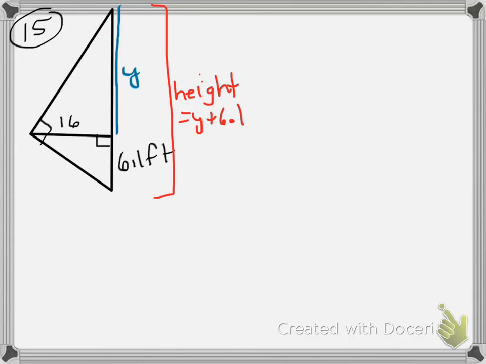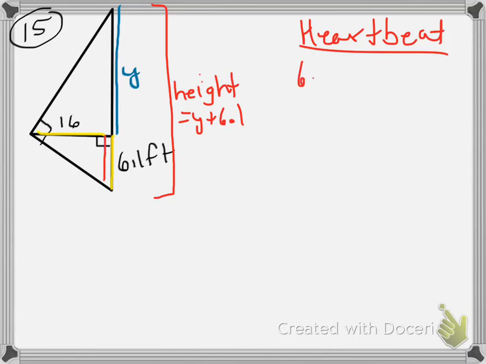Okay, so let's do that here. A clue about what to do is we know this and we have this, and so that means we have an altitude. Looks like a heartbeat problem. Let's use heartbeat. So we're going to go up the hypotenuse, so that's 6.1. Then that's the altitude of the big right triangle, which is 16.